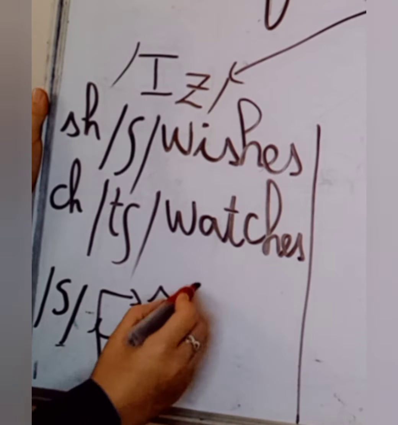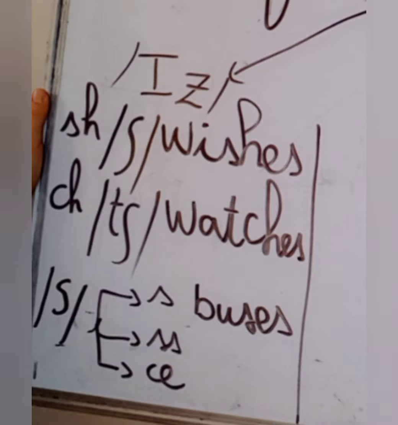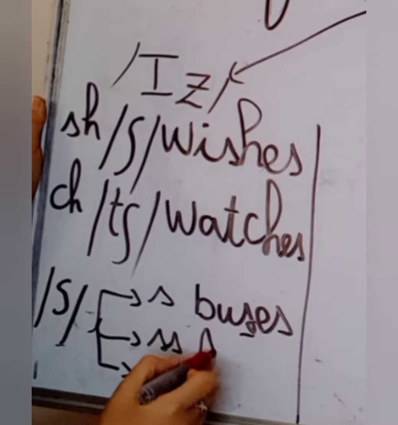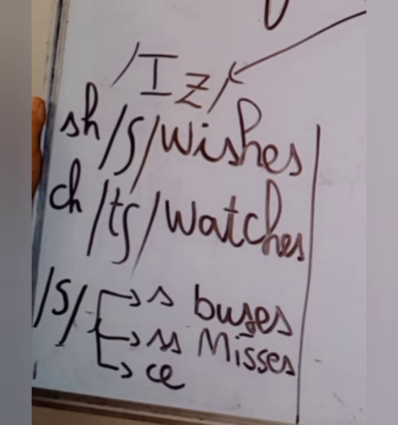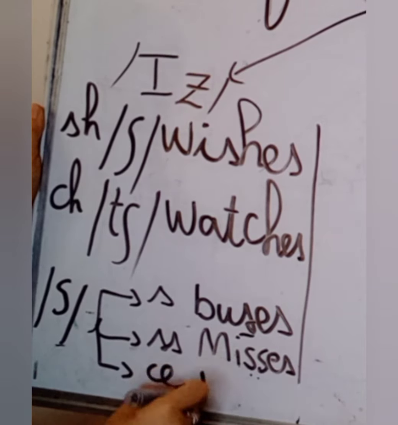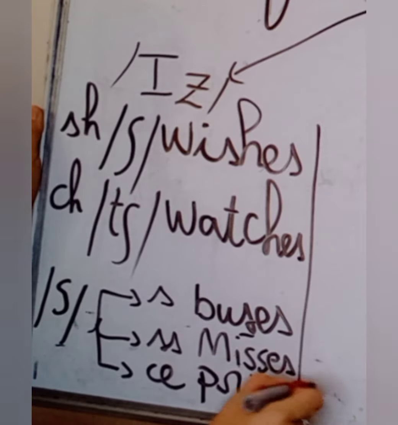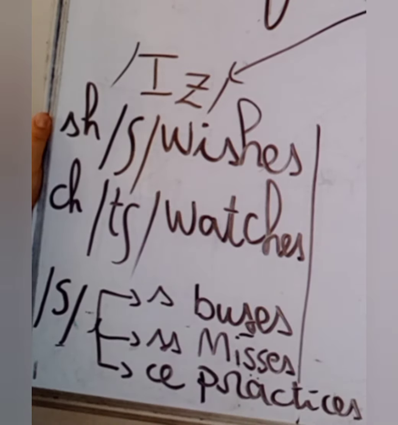Look here, like buses: pronounced "iz" because before it there is S. Mrs.: we have double S, that's why we pronounce it Z. Practices: this CE we pronounce it S, that's why the final S we pronounce "iz". So if these letters SH, CH, S come before S, we pronounce it "iz".